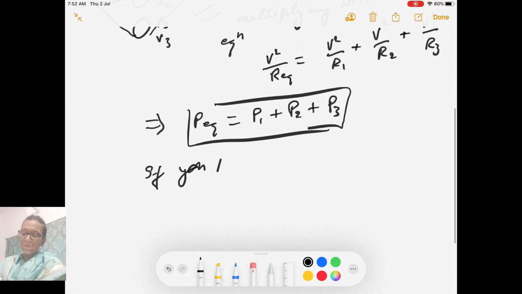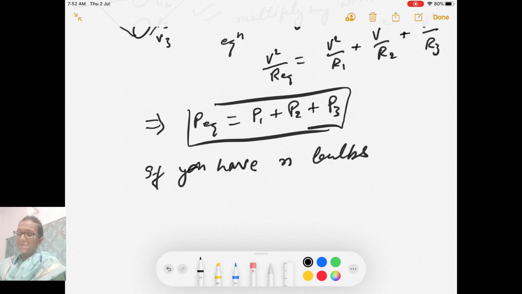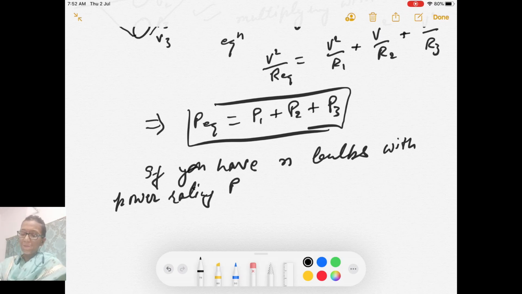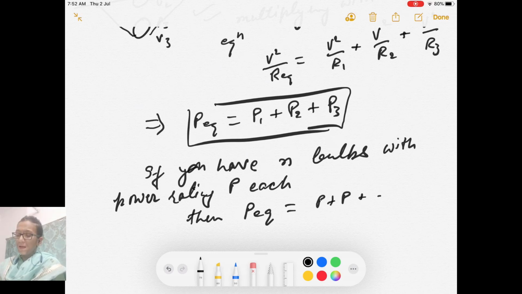If you have n bulbs with power rating P each, then the equivalent power consumed will be equal to P plus P plus up to n times, and this is equal to nP.